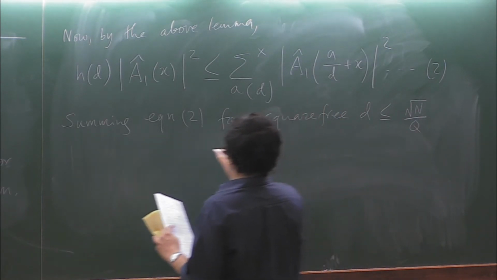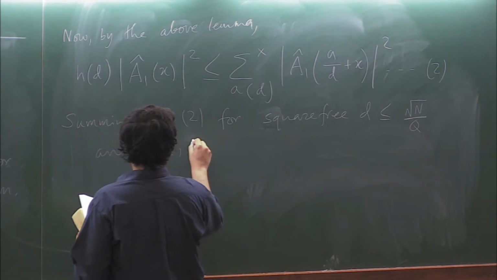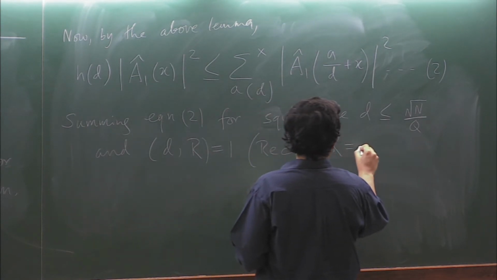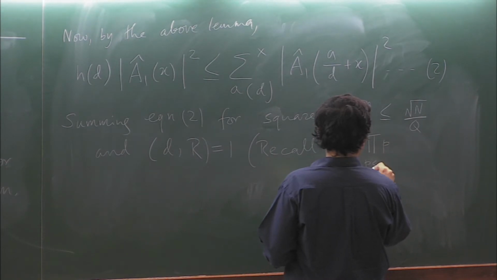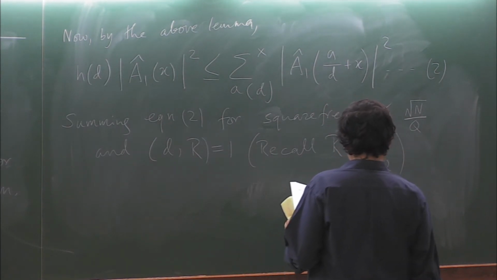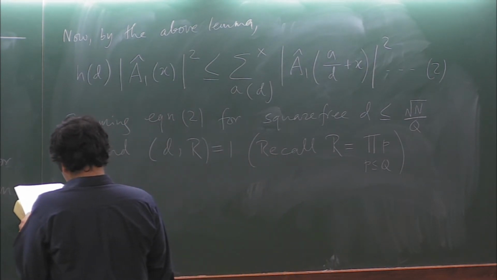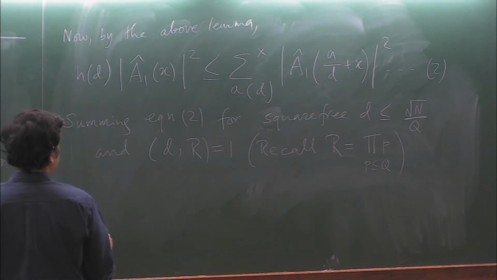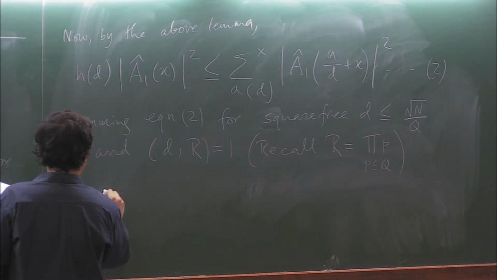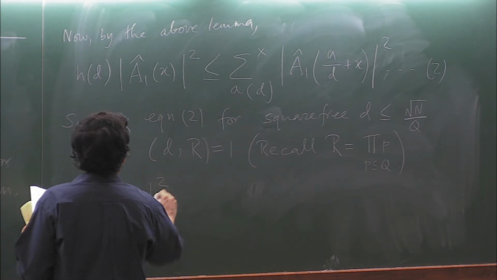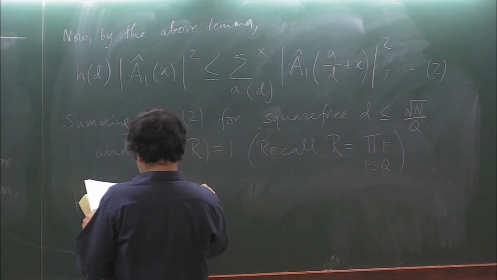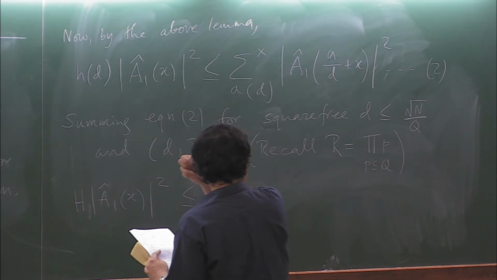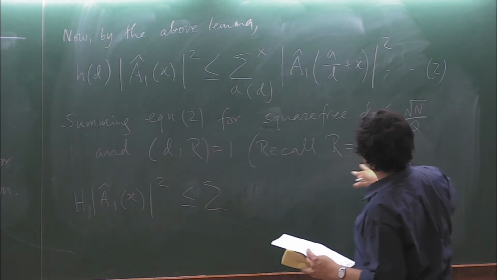and d coprime with r, where recall r was the product over primes p up to q. What do we get after summing this? I get h times |A1 hat(x)| whole square is less than or equal to the sum over a mod d, and d is varying over this.